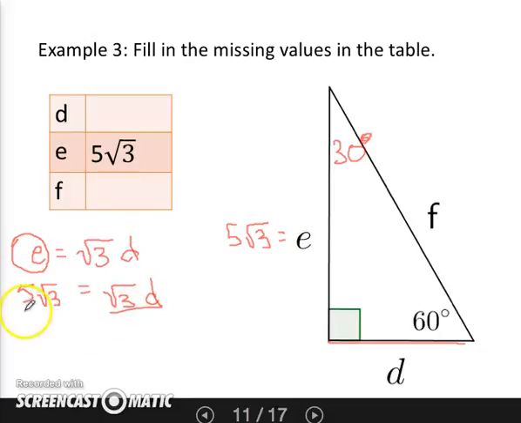I can divide both sides by the square root of 3 and end up with a very nice answer. D is just 5. So I have D equals 5.